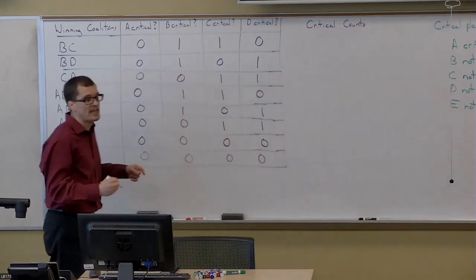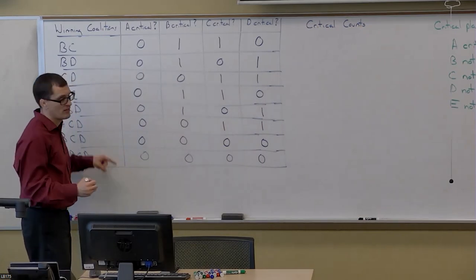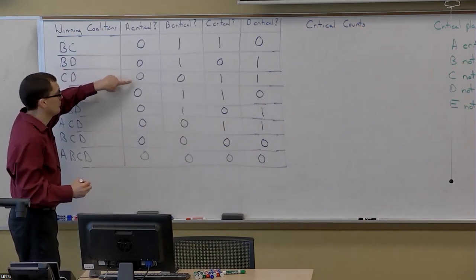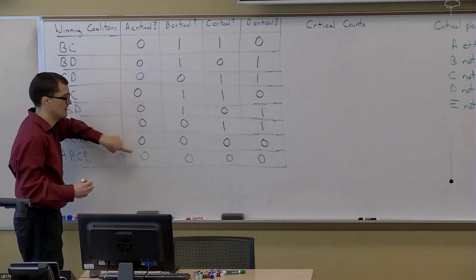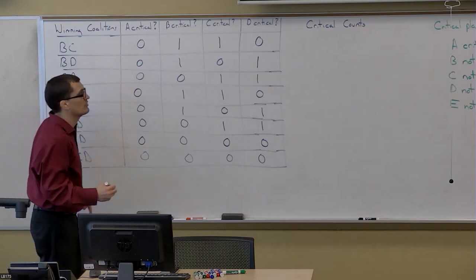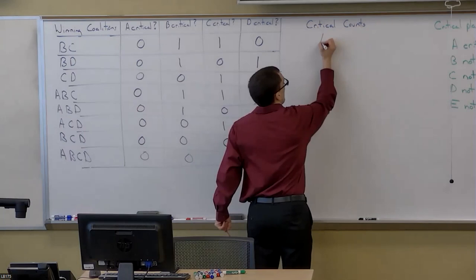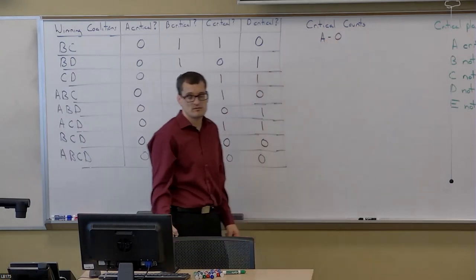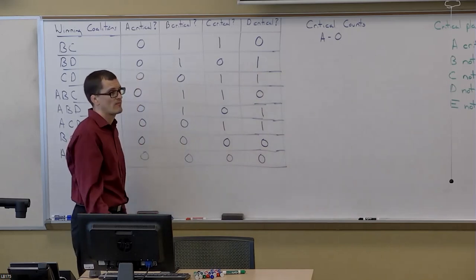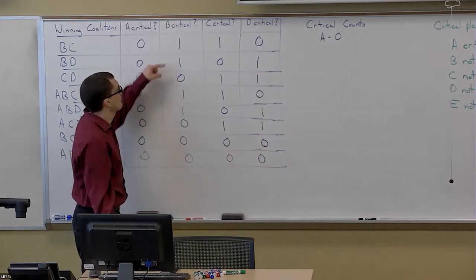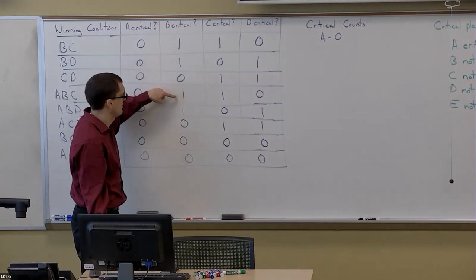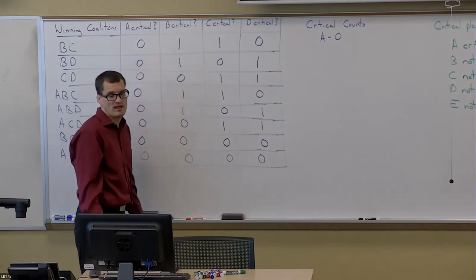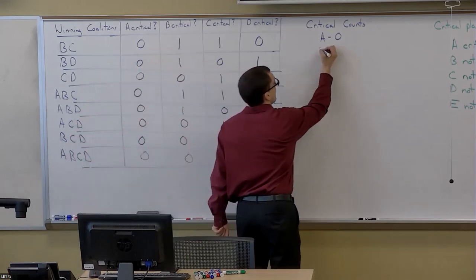Now, the critical counts, therefore, notice A was never critical. So the critical count for A is 0. The critical count for B is 4.